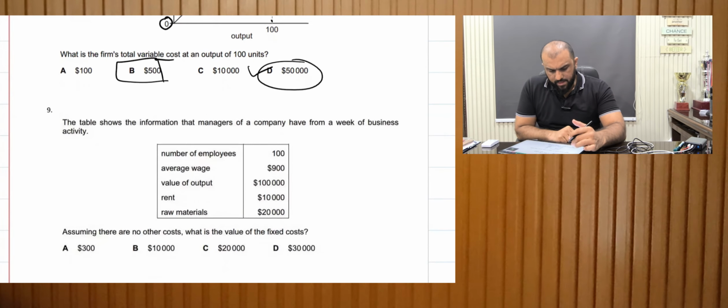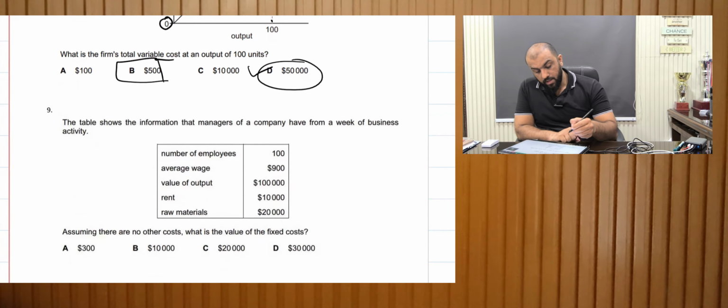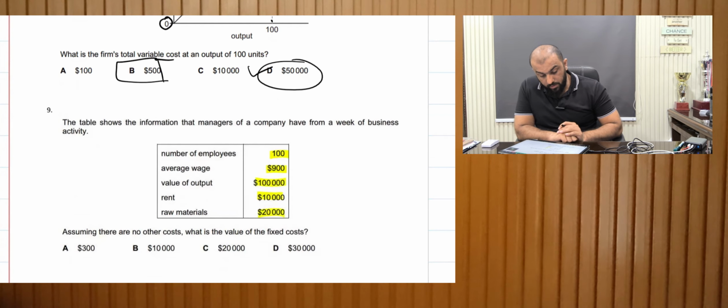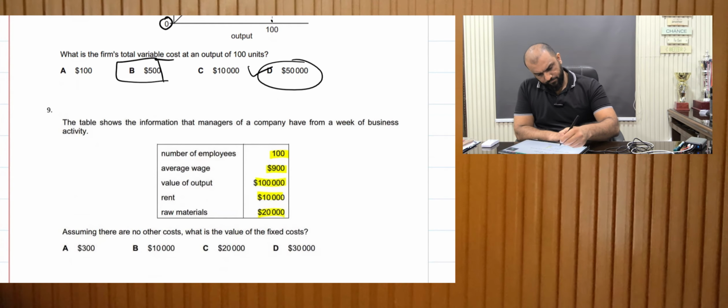Ninth MCQ. The table shows information that managers of a company have from a week of business activity. Number of employees 100, average wage 900, value of output 100,000, rent 10,000, raw material 20,000. Assuming there are no other costs, what is the value of the fixed cost? Right.